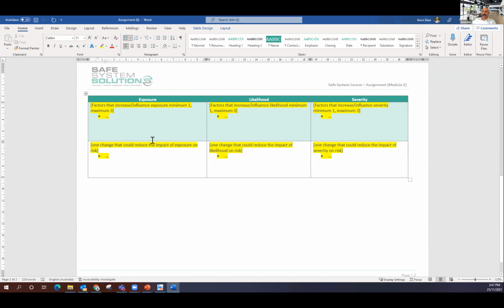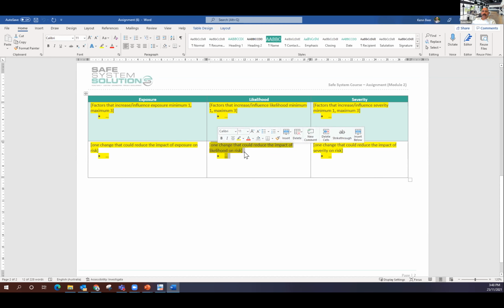Then one change that would alter the exposure to crashes. Remember, this is going to have to change the volume somehow. How are you going to change the volume of vehicles or pedestrians or cyclists or motorcycles exposed to traffic? You're going to have to somehow change the AADT or change pedestrian volumes crossing at grade or these sorts of things.